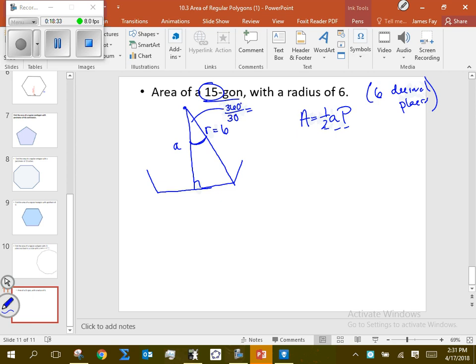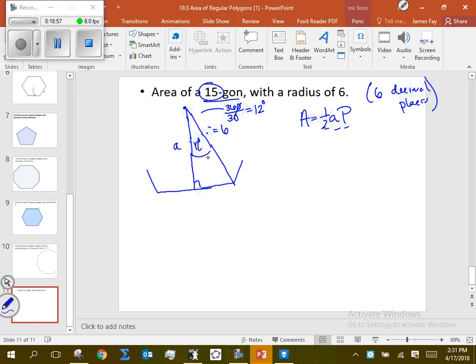So 360 divided by 30 is 12. Okay, so that angle becomes 12 degrees.